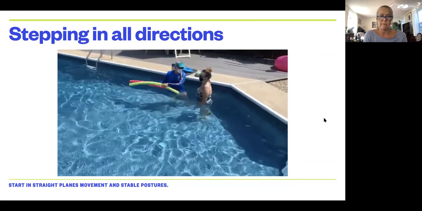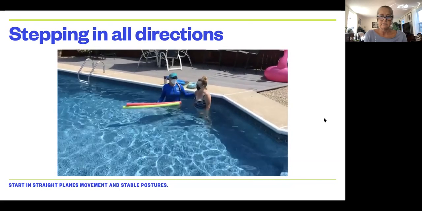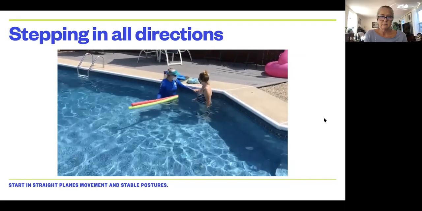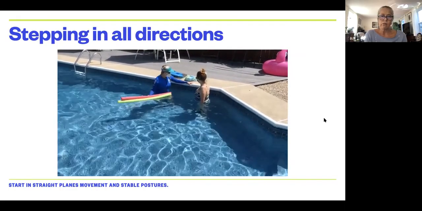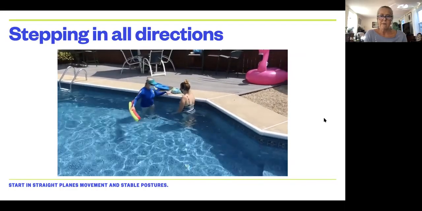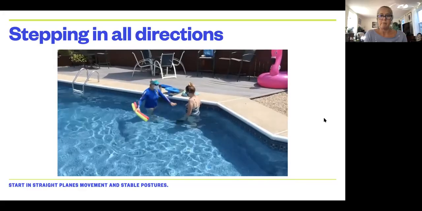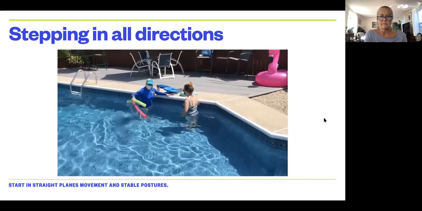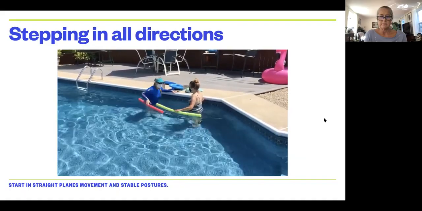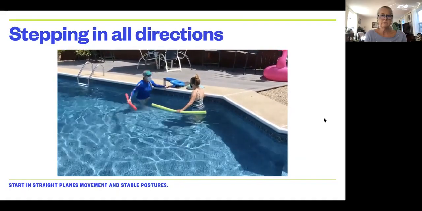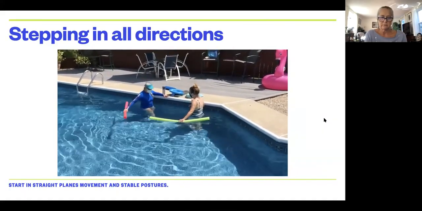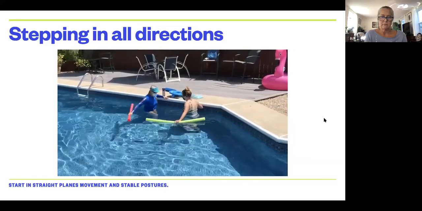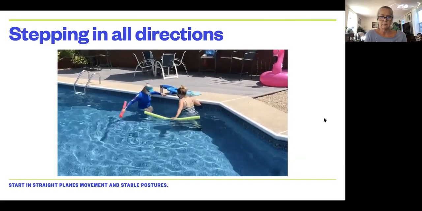Now I'm going to have you hang on with the weighted leg at the wall, facing me. Good. So that you keep that leg down. It's just an anchor. Okay. And your other leg, I'll give you a noodle to hang on to. Your other leg, you're going to step forward, put the foot down. Good. Toe down. Good.